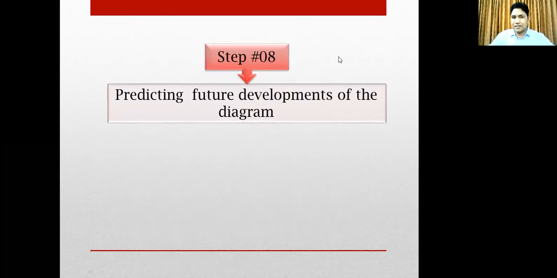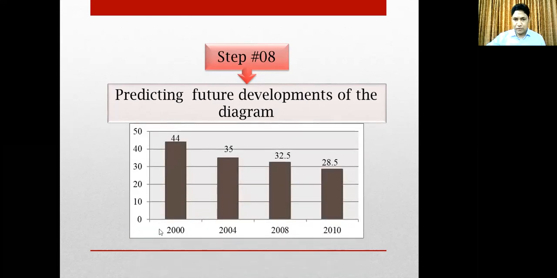come to last step, that is step 8, predicting future developments of the diagram. So finally, you have to predict the future development of the diagram. That is to say, whether it is falling or rising, whether it is increasing or decreasing. Have a look. After visualizing the diagram, you have to say at the very end of your writing whether the diagram will be increasing or decreasing.